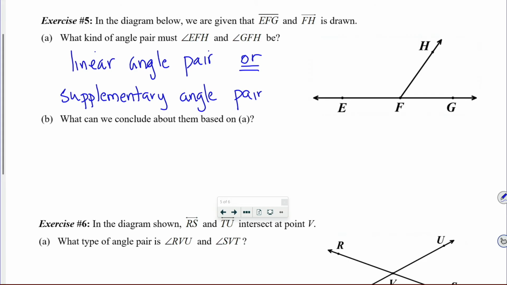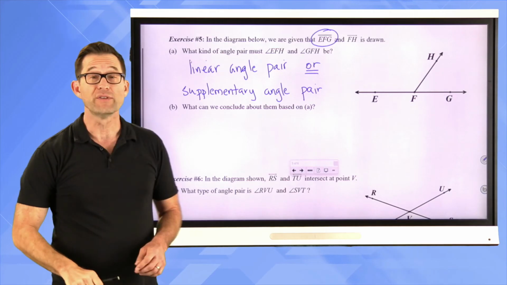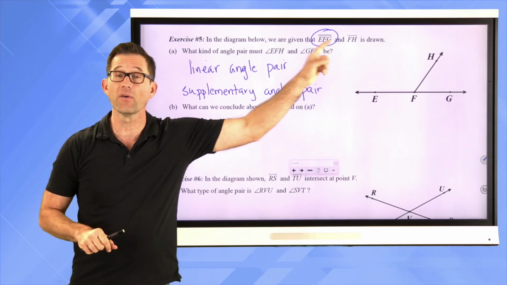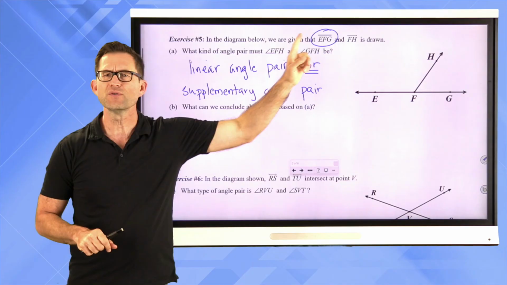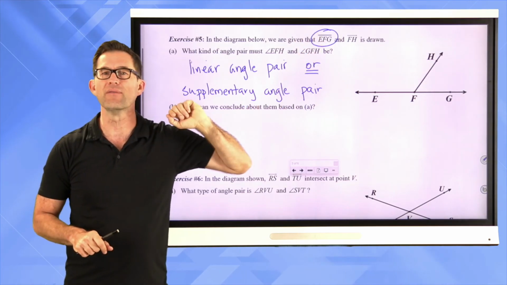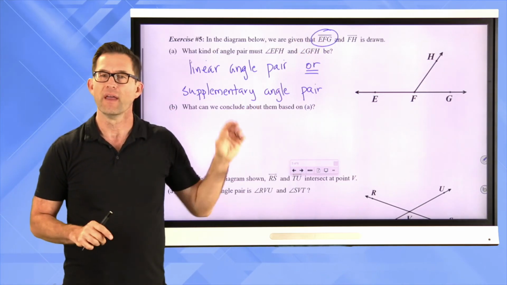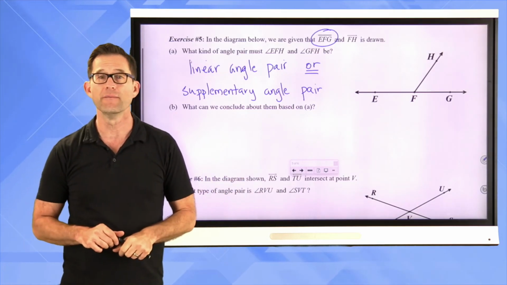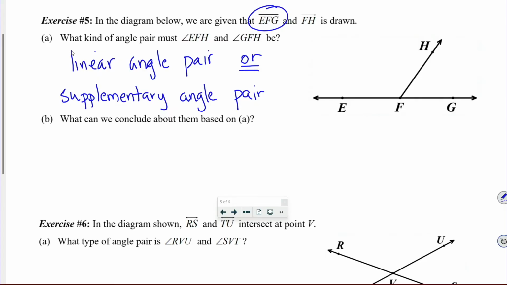And again, we know that for really one reason and one reason only, which is that points E, F, and G are collinear, and that's what tells us that, right? Those will be very subtle ones when we're given them in proofs, but we'll need them in order to make certain conclusions. And specifically in letter B, what can we conclude about them based on letter A?